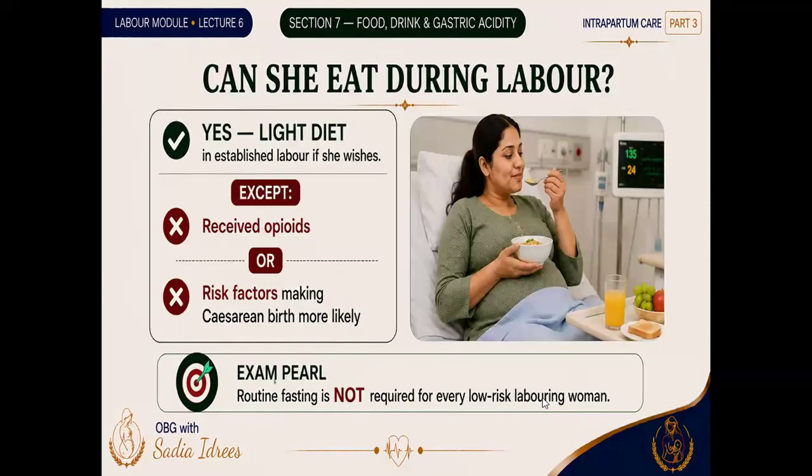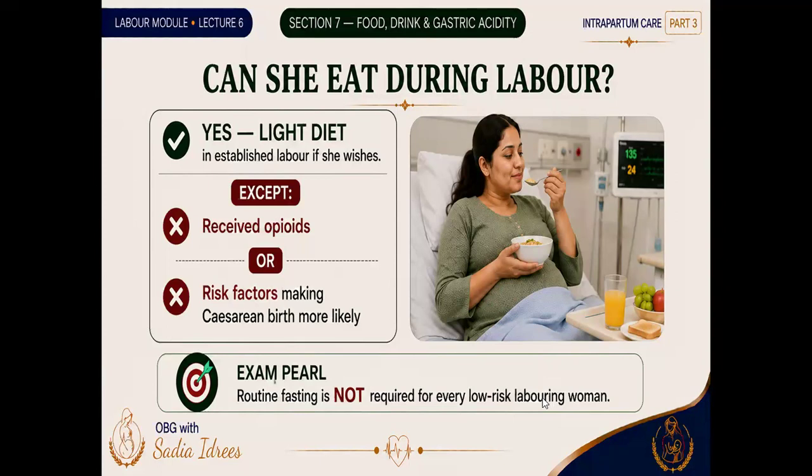Now let's tackle another very common misconception. Does every woman in established labor need to be kept nil by mouth? No. A low-risk woman may have a light diet during labor if she wishes. Routine fasting is not needed for every woman. However, that changes if she has risk factors, and we more likely reconsider intake because the possibility of anesthesia and operative birth has changed.